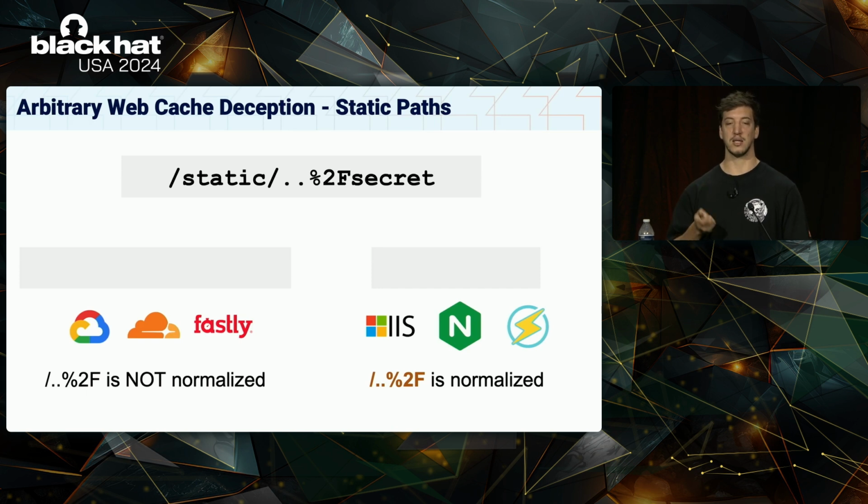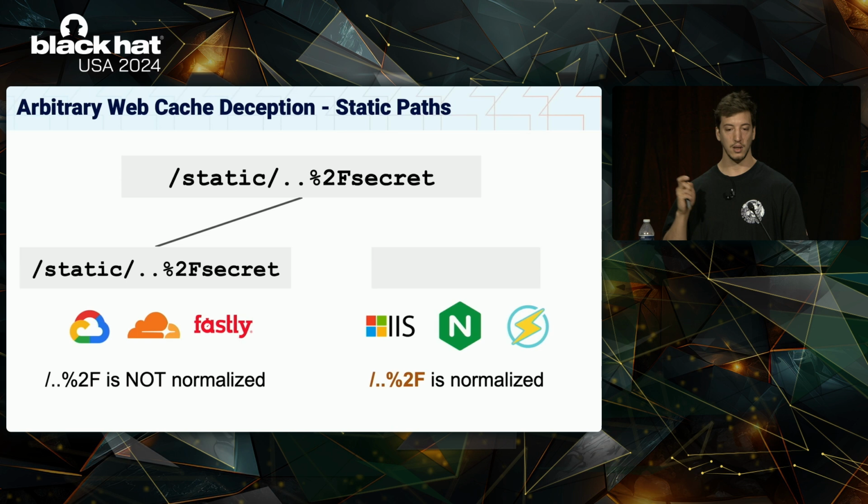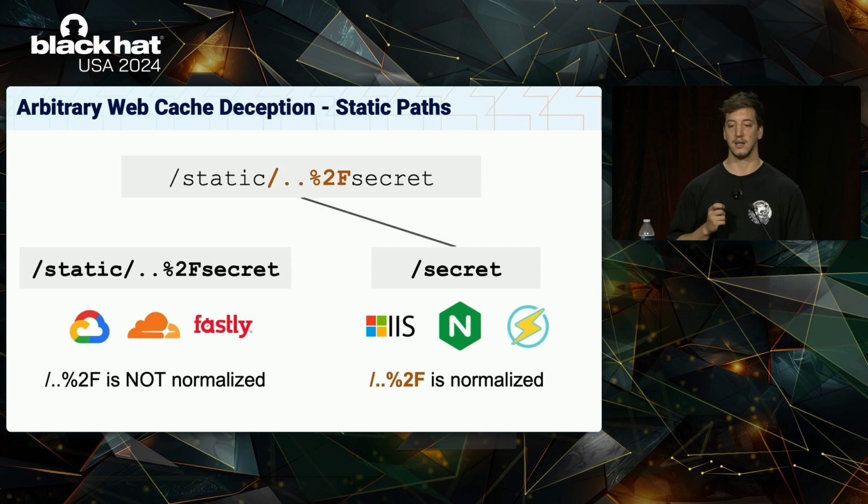So if we send something like static/ the encoded dot segment /secret, we are sending the encoded dot segment because the victim's browser is going to be sending this, and we cannot send it without encodings. So this is going to be interpreted just as it is because there's no normalization in the front end, but the back end is normalizing the request, and therefore the path is going to be interpreted as secret.